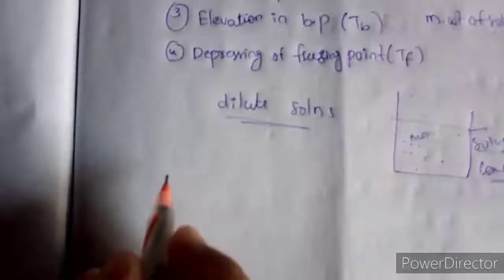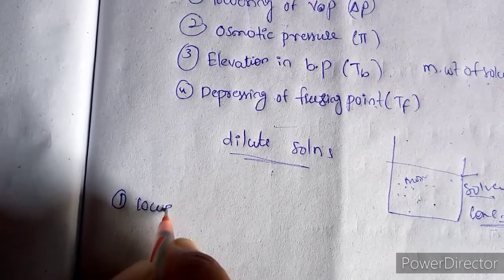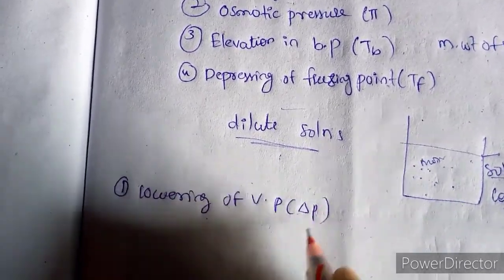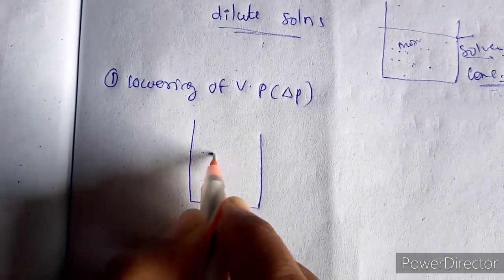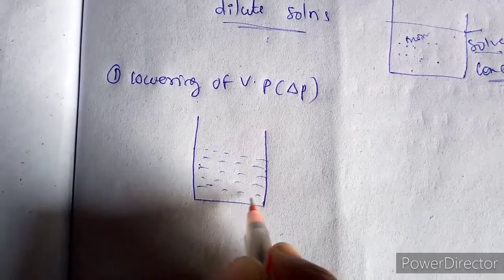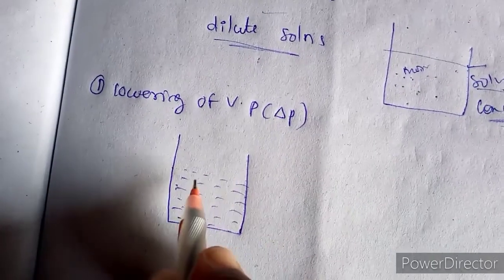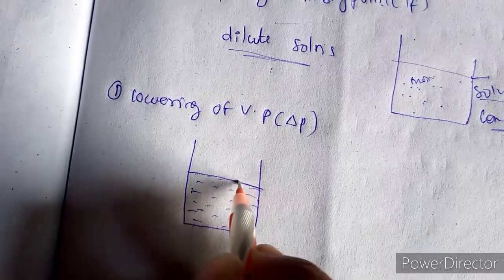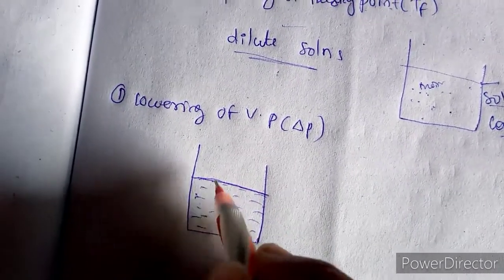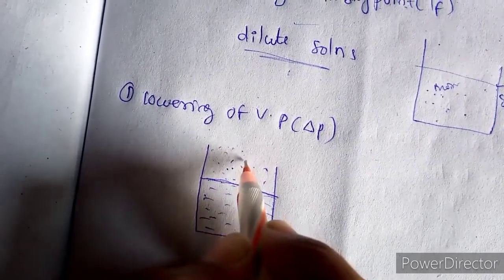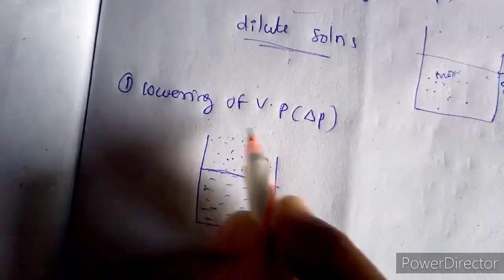Take the first colligative property. What is it? Lowering of vapor pressure. Take one solvent with this much volume. Here at the liquid surface, the liquid converts to some vapor, even under normal conditions.